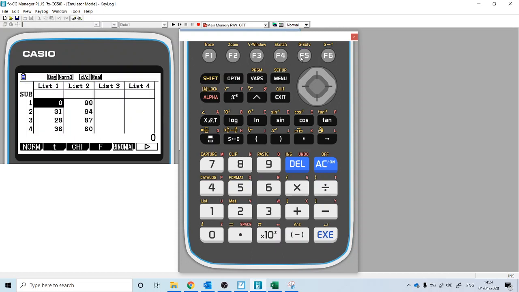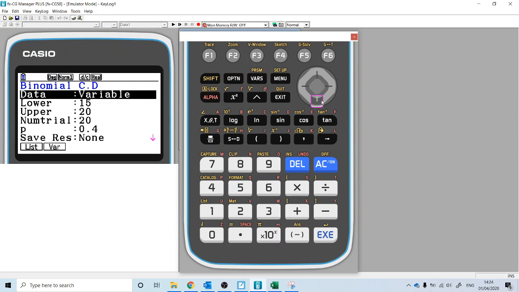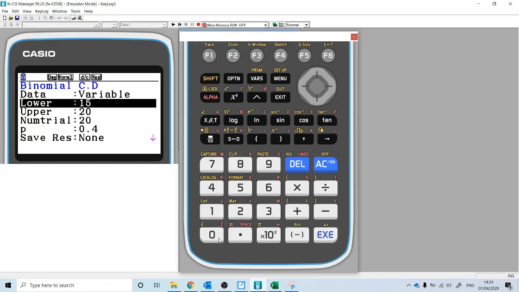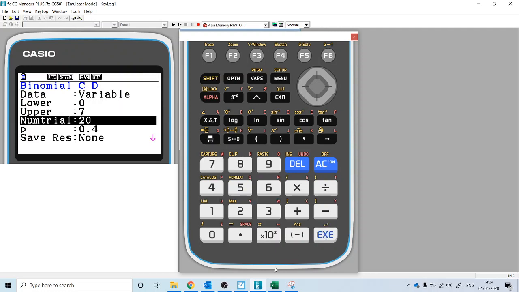So we're going to go on Distribution, Binomial and CD. C stands for cumulative, which is basically just adding up multiple probabilities. Now we're going to put our lower as 0, because we want the probability of x being 0, all the way up to the probability of x being 7, and we want to add together all of those probabilities. Now your calculator will include the lower and the upper values of x, so we're going to include 0 and include 7.